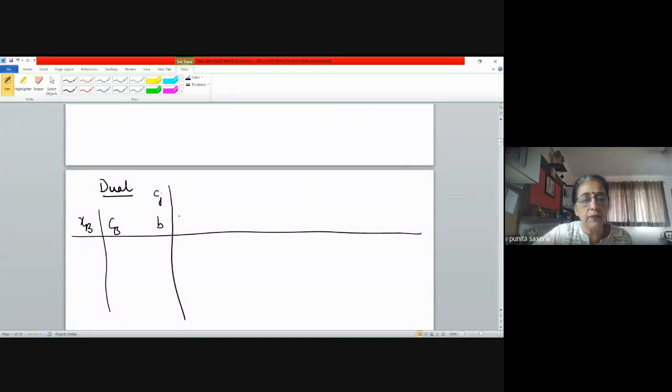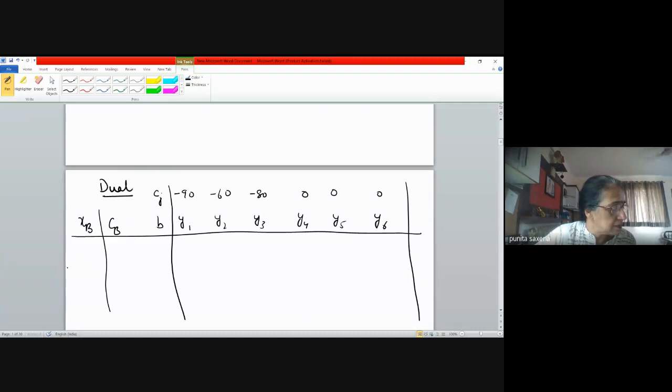No issues with that. Y1, Y2, Y3. Now we'll be left with only 3 surplus variables, Y4, Y5, Y6, right? Because it was a minimization problem, we changed it to maximization. So your coefficients here would have been minus 90, minus 60, minus 80, 0, 0, 0. Am I right? Yes, ma'am.